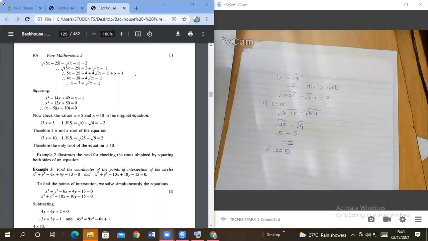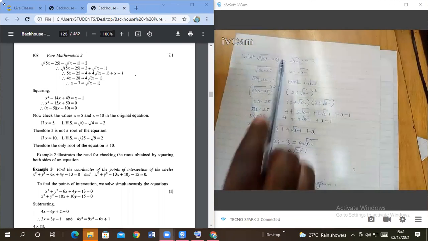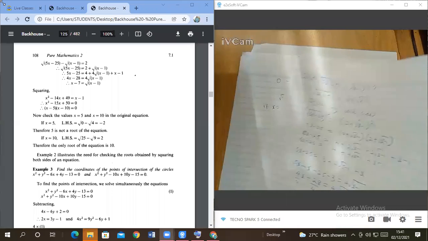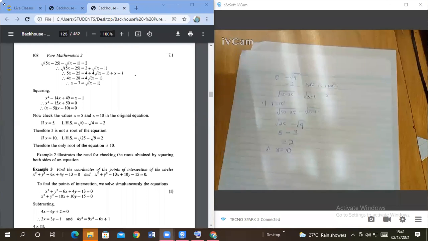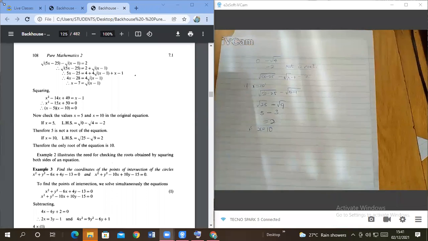I repeat, when you're dealing with such equations involving two square root symbols, you'll always get two values of x because at the end of it all, it reduces to a quadratic. But out of the two values of x, you must check with the original equation and see which one satisfies. In this case, the true value of x is 10.